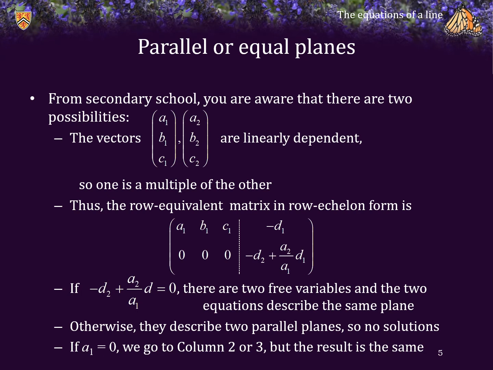By the way, before you worry about details, if A1 was equal to 0, you can then instead just move forward to column 2 or column 3, or swap rows 1 and 2. However, ultimately, the result will be the same. There will be 2 free variables, and only under very specific circumstances is there a solution.